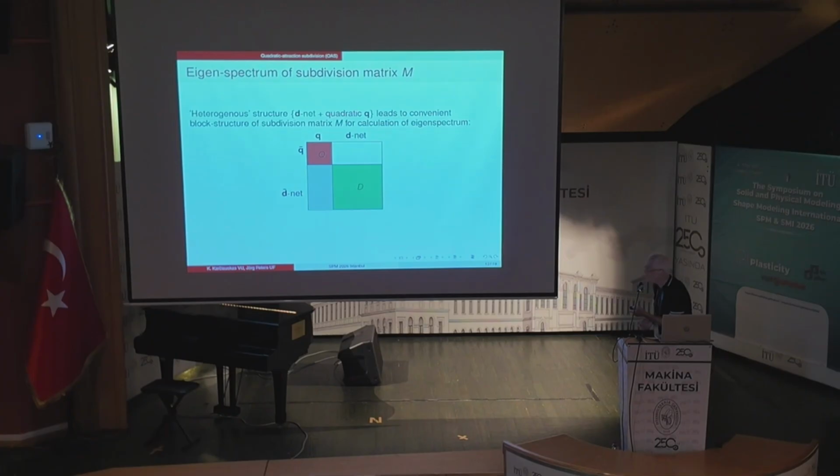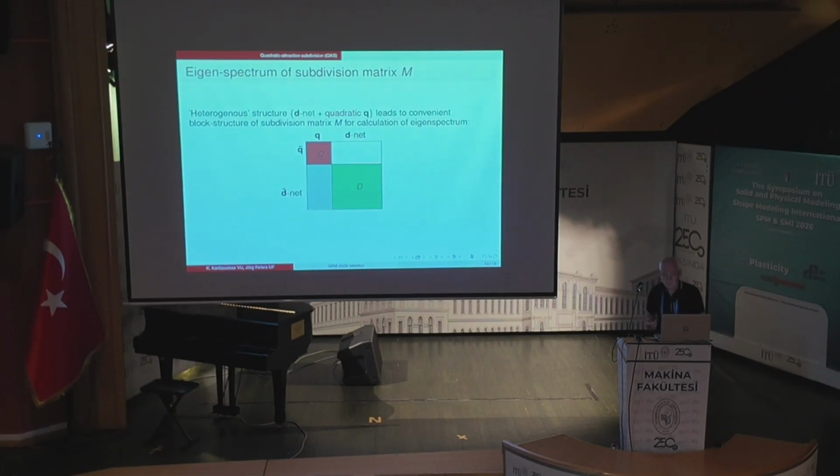Here you see the matrix where new data is expressed via initial data. And since the quadratic refinement lives on its own, there we have a white matrix. What it means is that it is a zero submatrix, and it gives a convenient block structure.